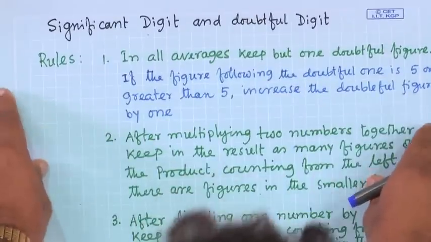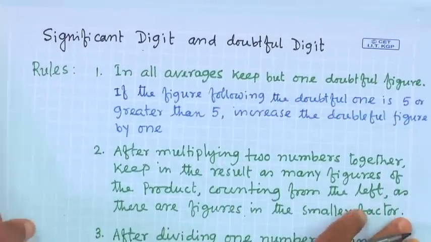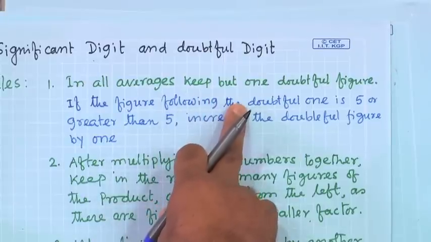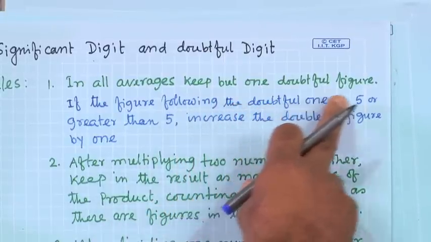So, through this example we are learning what a significant digit is, what a doubtful digit is, and how to find them out. I will just tell you the rules. In all averages, keep but one doubtful figure.